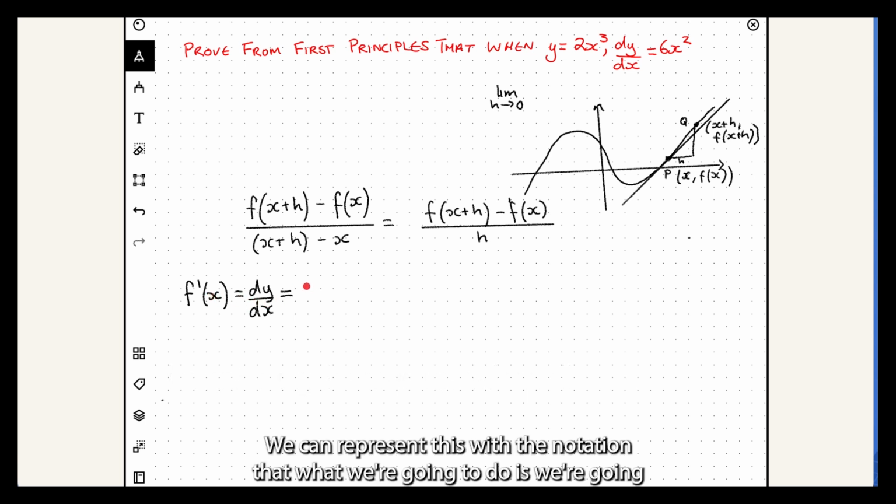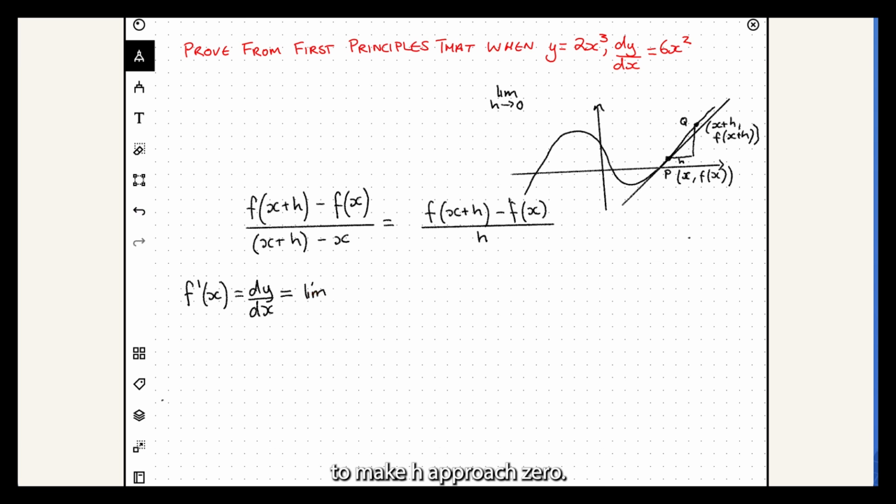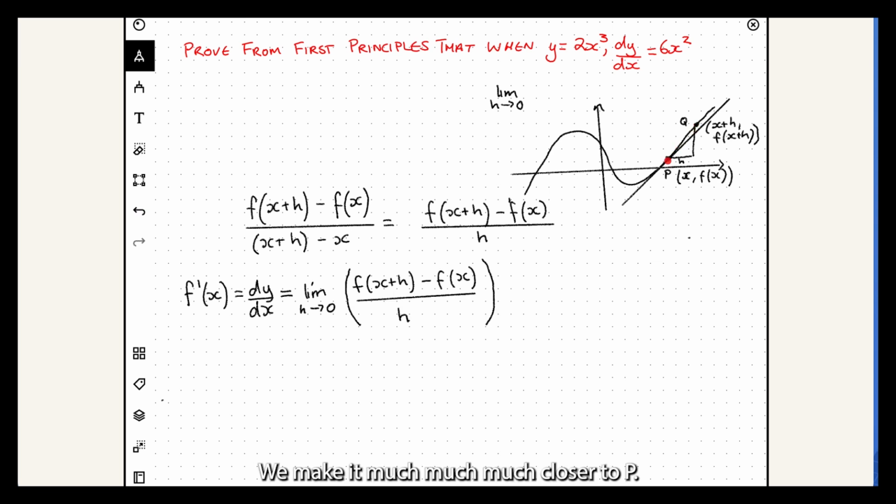We can represent this with the notation that we're going to make H approach 0. So when we make H approach 0 in here, then we make Q get much, much closer to P, and eventually we get what we call the tangent here, and we get the gradient of this line here. We get it at P.